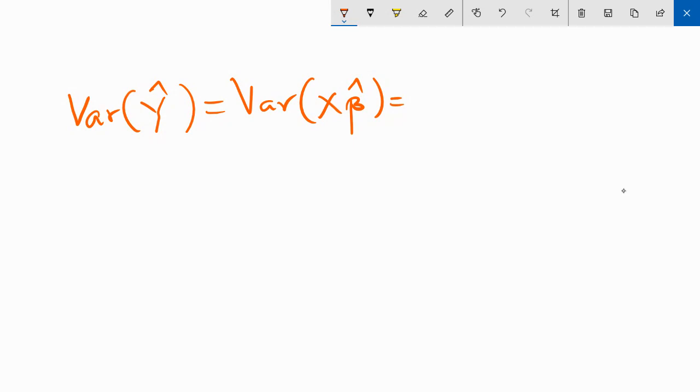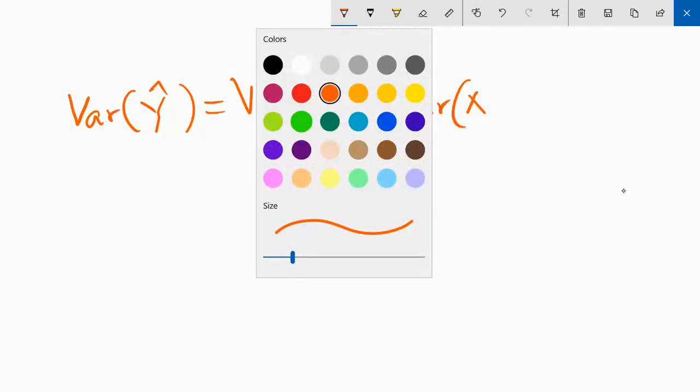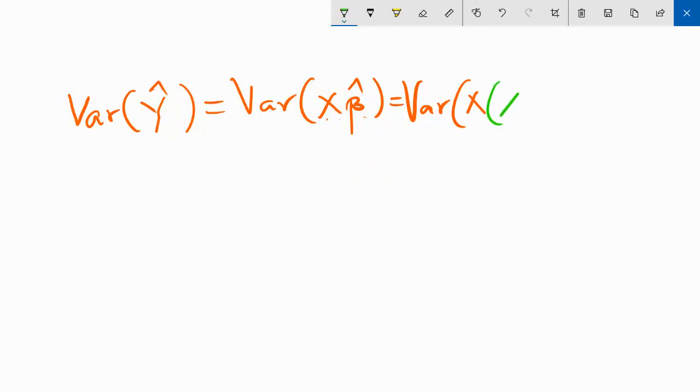Don't take it out now, because if you take them out, the two must go. Remember, your focus is to have y. So we have X, then I change the beta hat into X transpose.